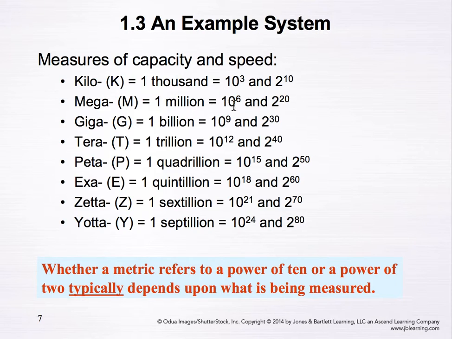If that measures speed, it's 10 power 6. If it's associated with storage capacity, it corresponds to 2 power 20, and so on. Then you have giga, tera, peta, exa, zeta, and iota.